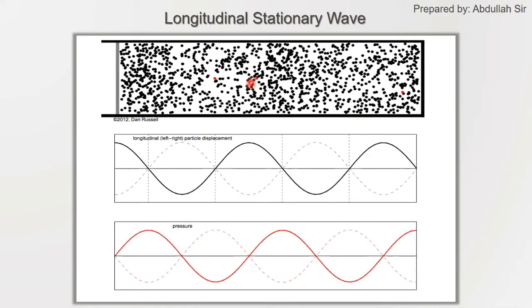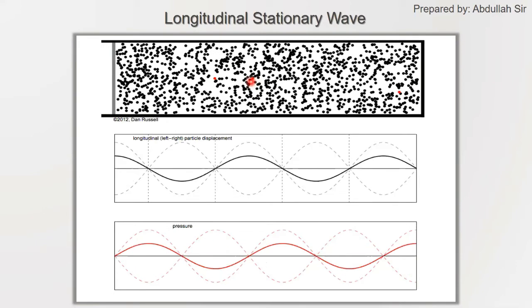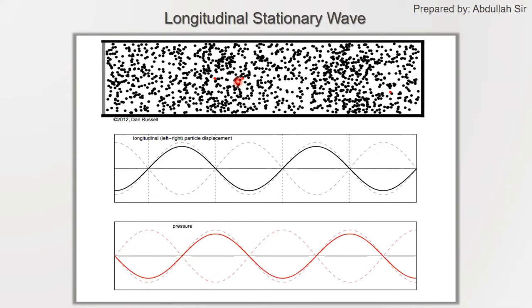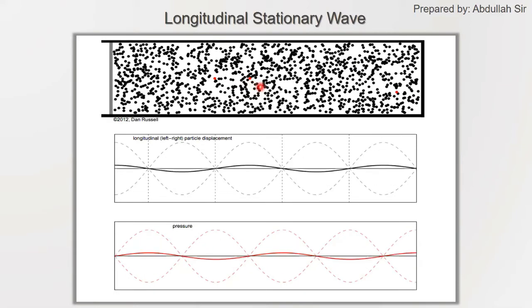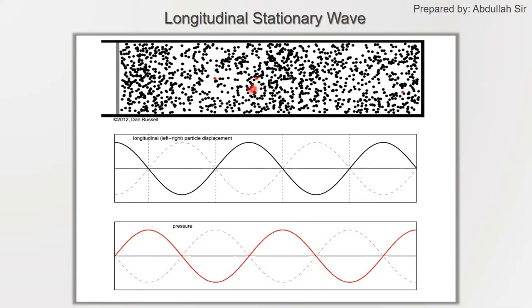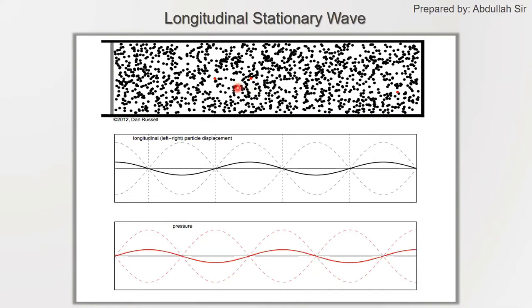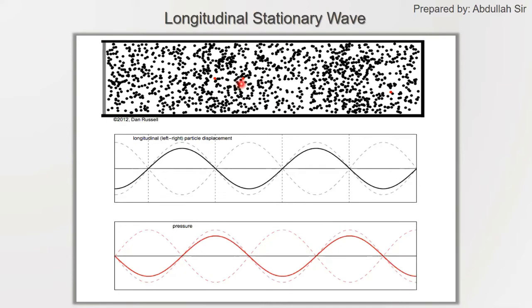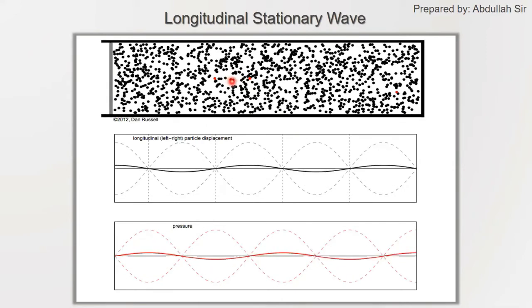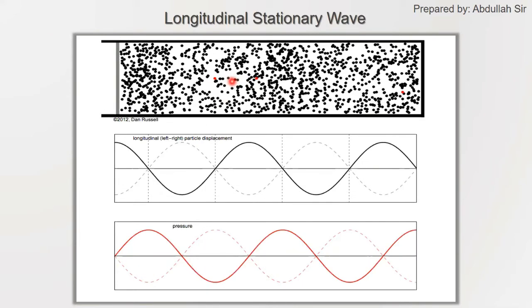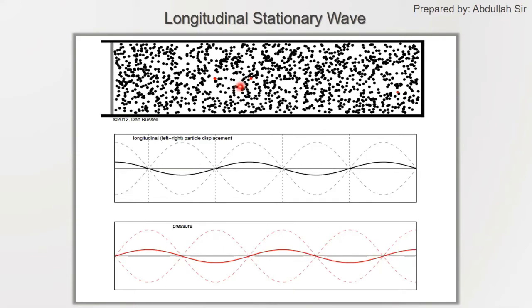And this second red particle has maximum amplitude, and with maximum amplitude, this point is called an antinode. The particles between node and antinode will all vibrate with amplitude between 0 and A.